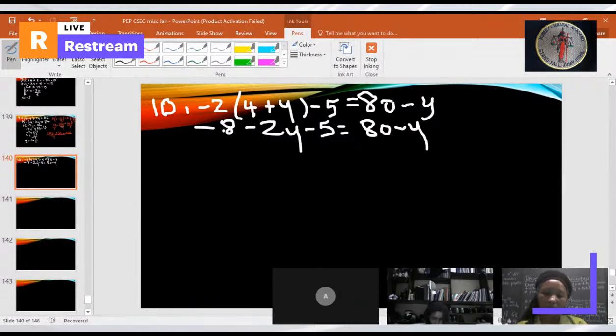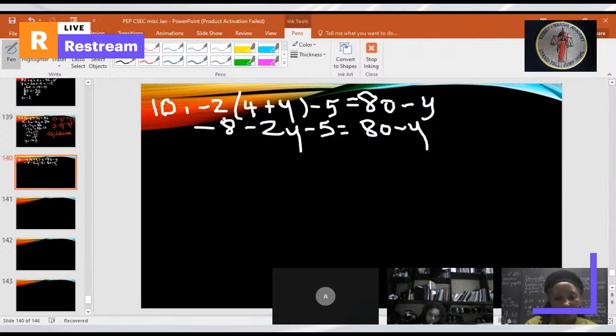Okay, Miss, you group the like terms. So which terms are alike in this? Miss, the 2y and the y.